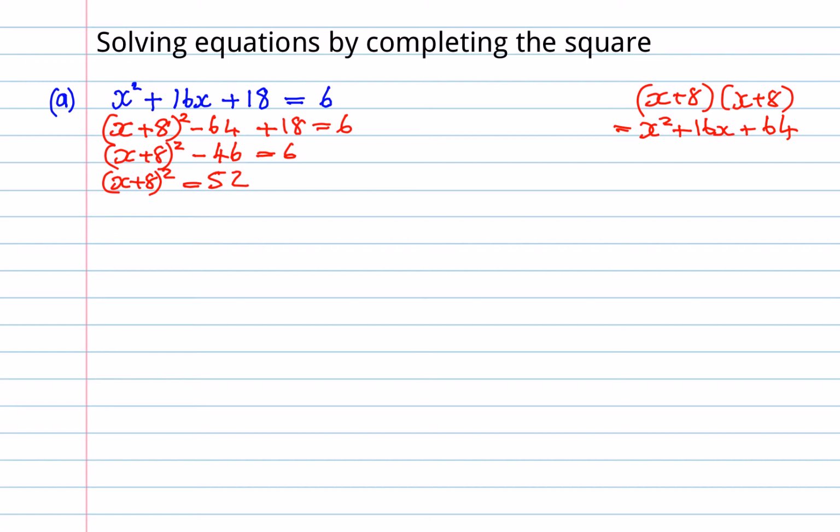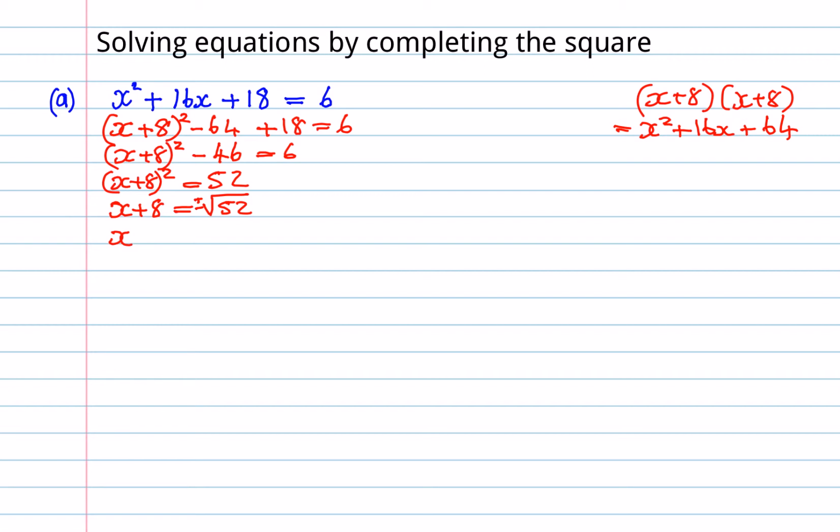Now x plus 8 all squared is equal to 52, so that means x plus 8 must be equal to root 52, plus a negative root of 52. Remember at this point that when you find the square root of something, there is both a positive and a negative root. x plus 8 is equal to the positive and negative root of 52.